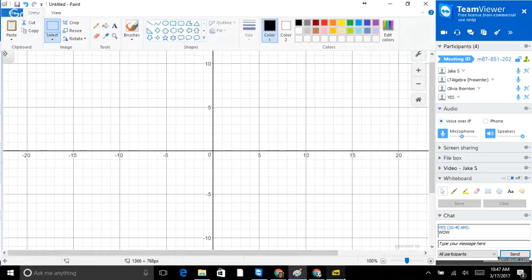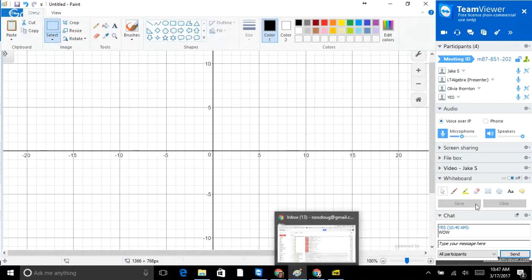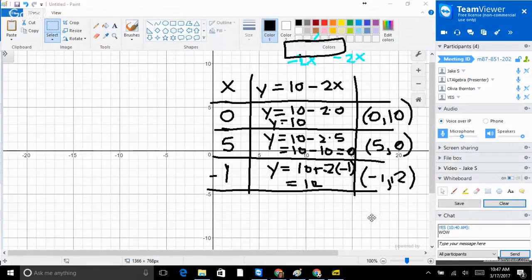Okay, so let me kind of start back here. This is the chart that we just made based off of our equation, right? I know that one of the possible answers to this is when x equals 0, y equals 10. So I'm going to graph that on my graph.